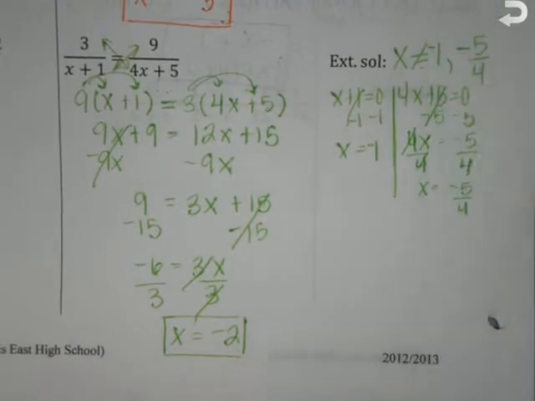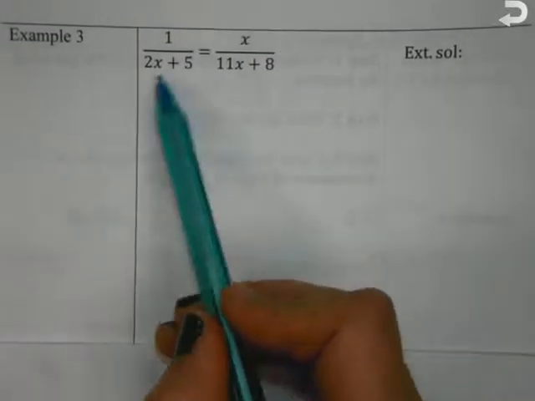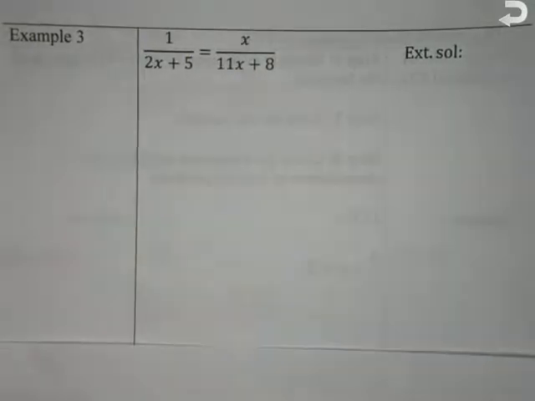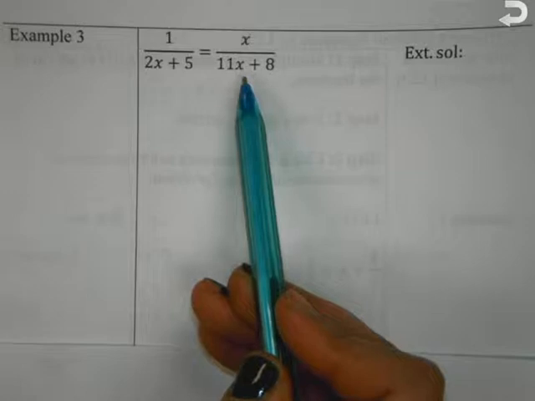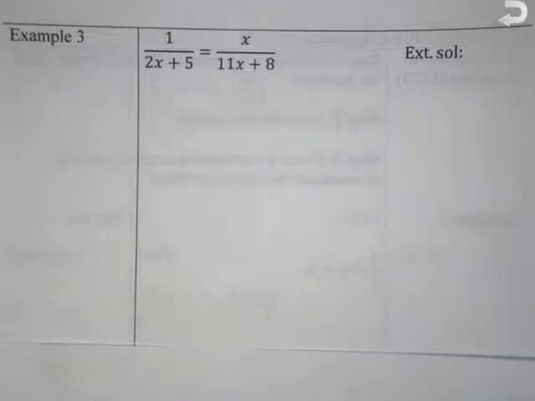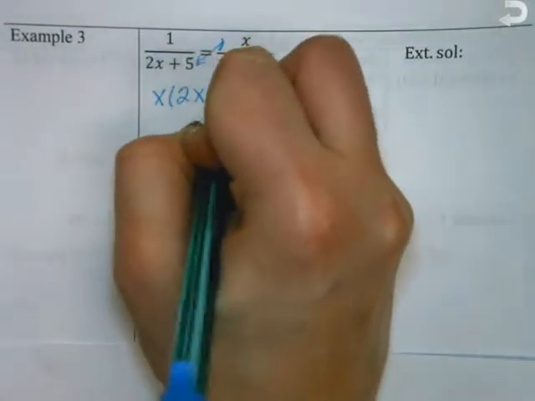Okay, example 3. 1 over 2x plus 5 equals x over 11x plus 8. Do I have one fraction on each side? Yes. Can I cross multiply? Yes. Okay. So that's going to give me x times 2x plus 5 equals 1 times 11x plus 8.